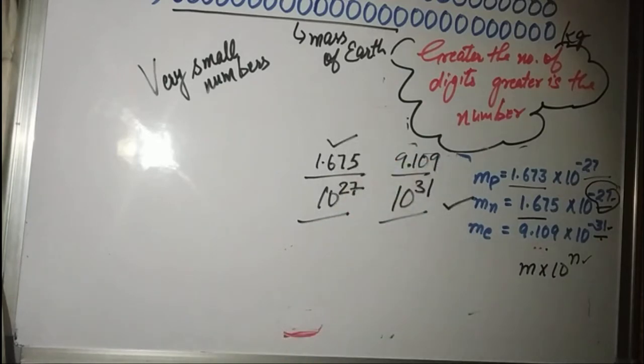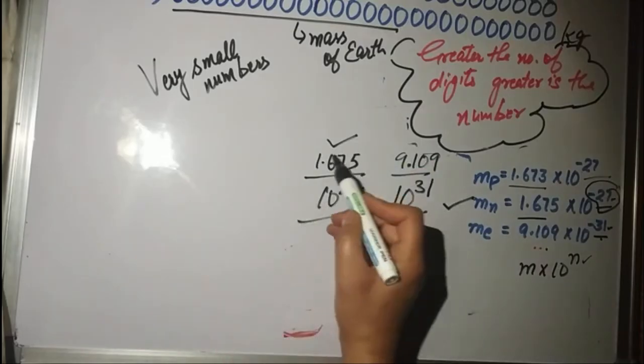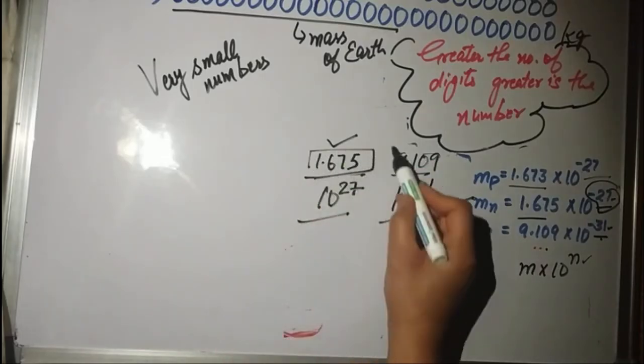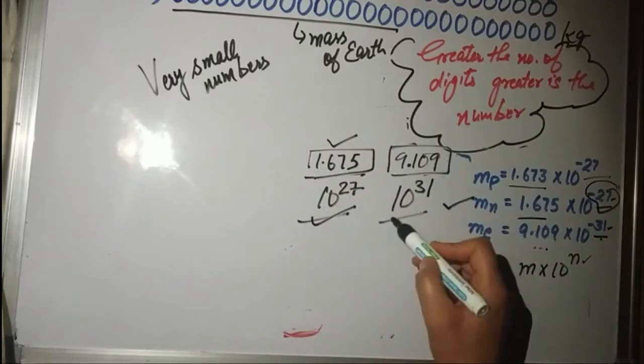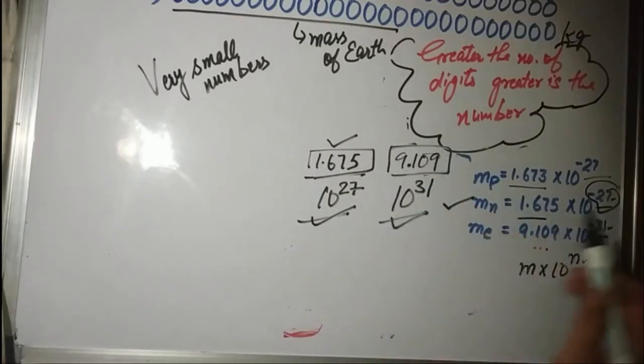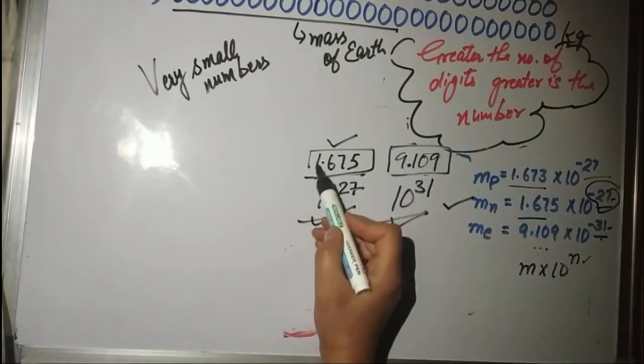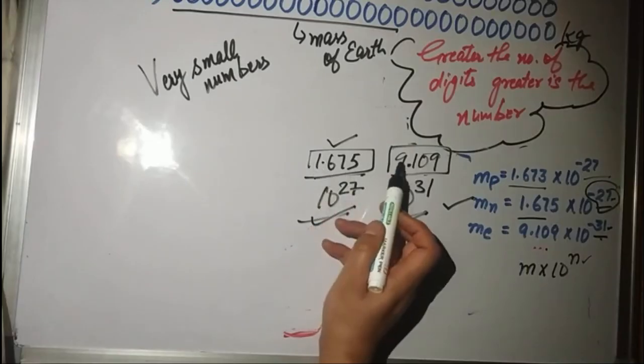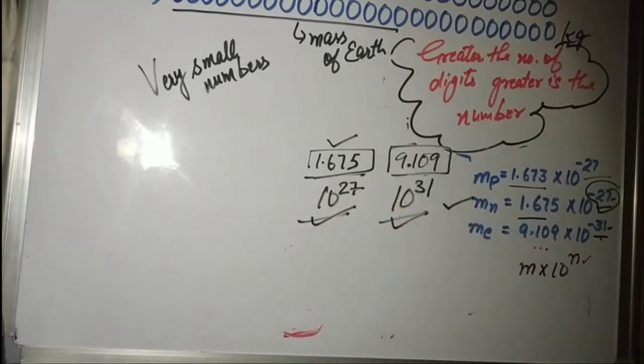So which one is greater? This one is greater. This actually doesn't have any significance. We can compare from here only, because the digits are between 1 and 9, so they don't make any difference.